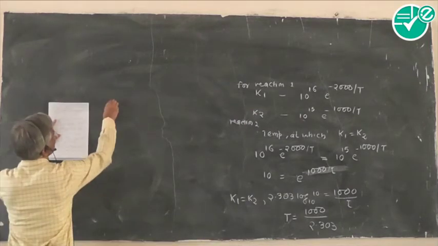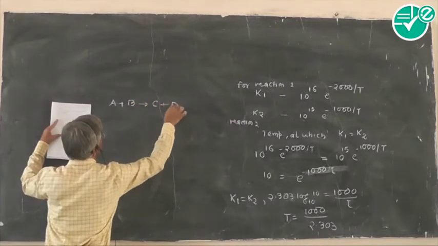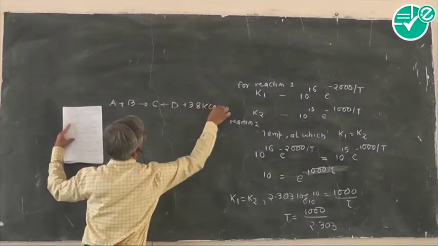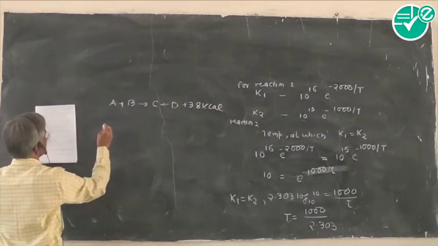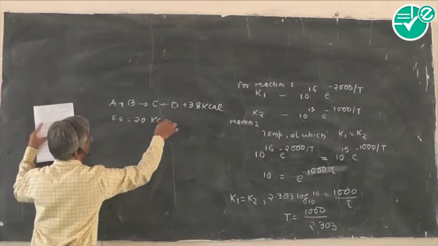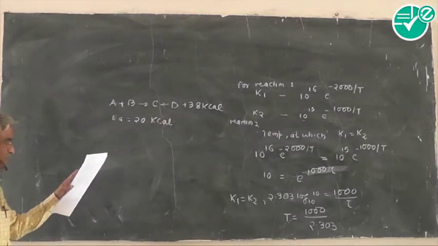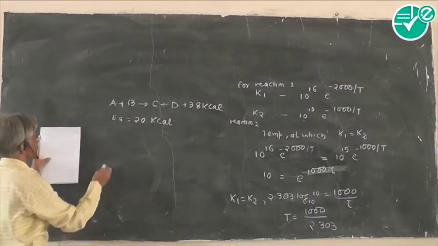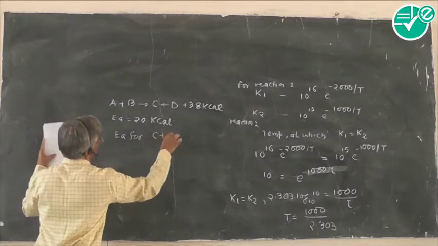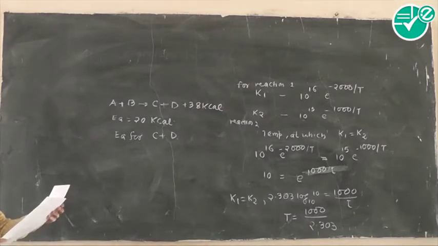The activation energy of the reaction A plus B giving C plus D plus 38 kilocalories, and the activation energy EA is equal to 20 kilocalories. Okay, this is the data provided. Now what they are asking is, what is the activation energy EA for the C plus D reaction?